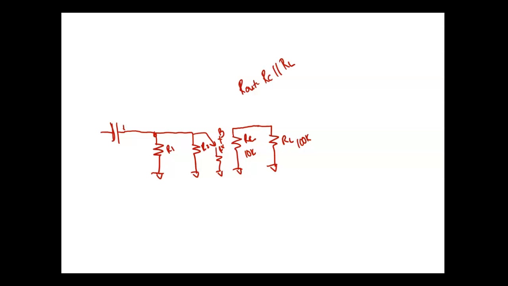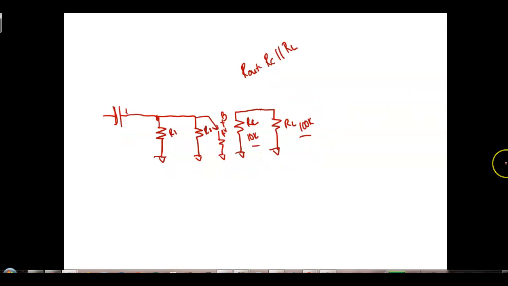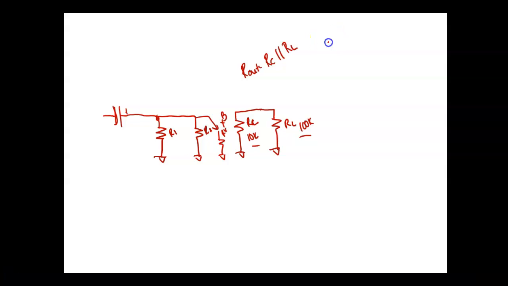Well, yes, but we're trying to figure out why I'm not getting a gain of 10, so we're not going to ignore it now. That's a good point. What does it come up to be? 9.9K?